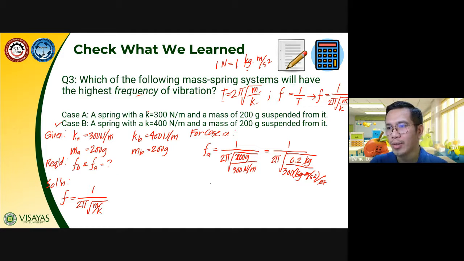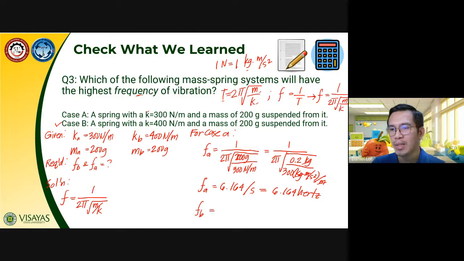Using your calculator, masolve na to that f sub A is equal to 6.164 per second. And this is also equivalent to 6.164 hertz. Doing the same procedure, we can also solve for f sub B. Di na lang nako isulat diri para naamoy buhaton sa inyo ha.